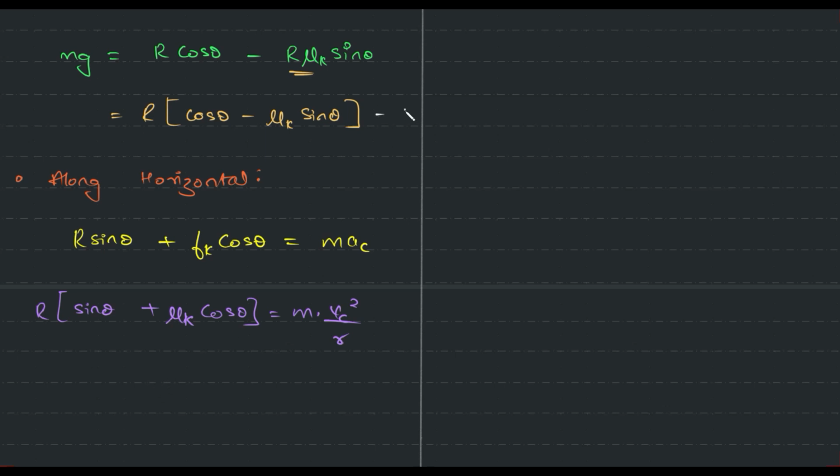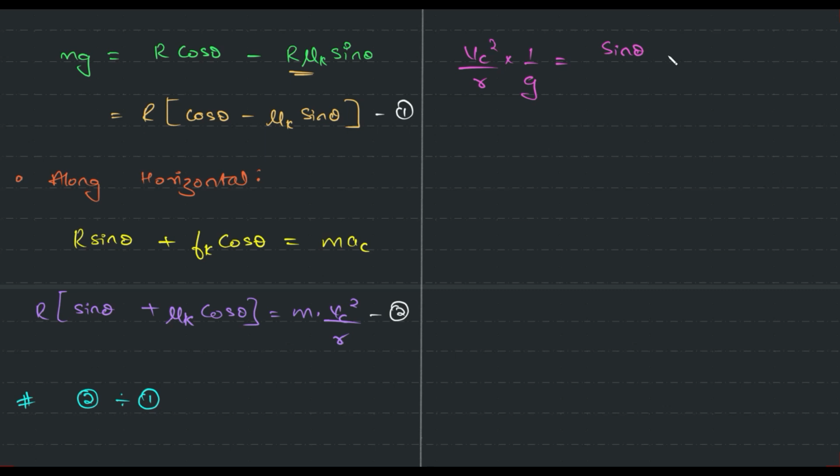We can call this 1, we can call this 2. So we have a new step, 2 divided by 1. So we have Vc square by r, and m gets cancelled, then into g, into 1 by r actually, is equal to, here r and r get cancelled, so we have sin theta.